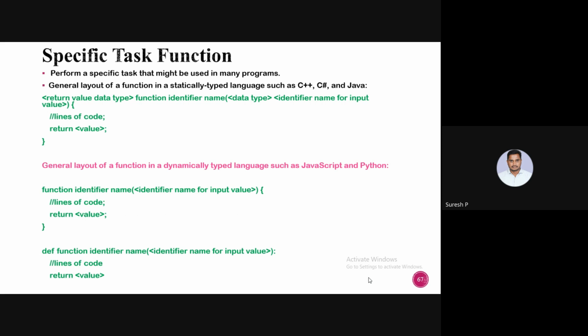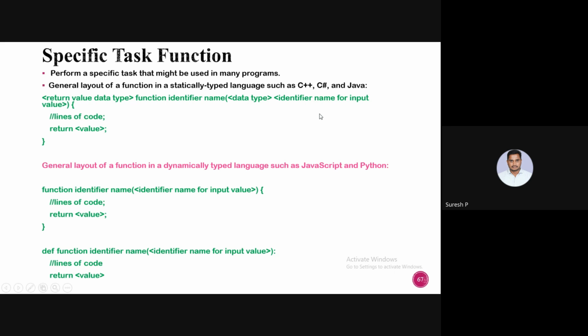The next one is the specific task function. As I told already, the specific task function is used to perform a specific task in different programs. Normally the syntax of a specific task function varies based on the programming language.